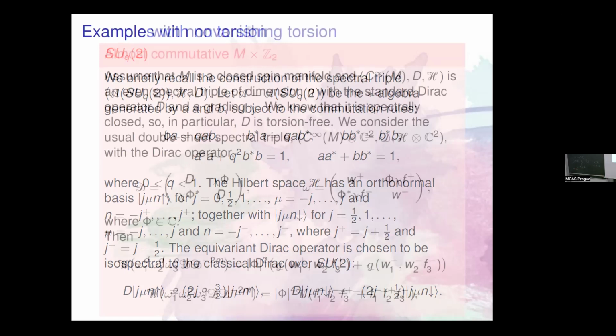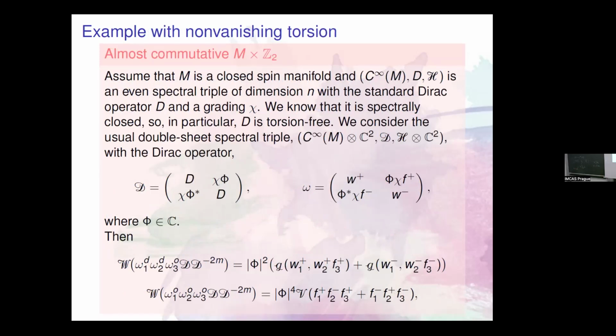These are examples where there was no torsion. Well, there is an example where you can have torsion. And funnily enough, this is an example using the Connes-Lott model, this model of almost non-commutative geometries. The manifold you consider is a product of a usual manifold with something discrete and finite, in this case Z2.